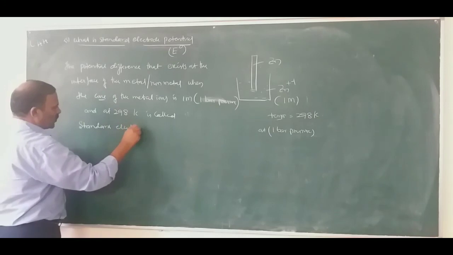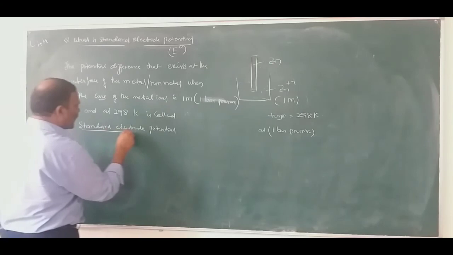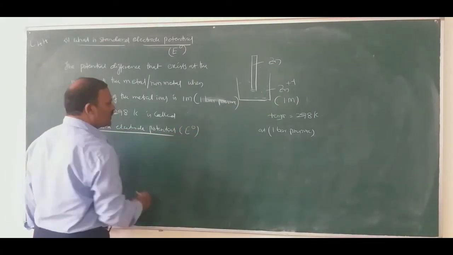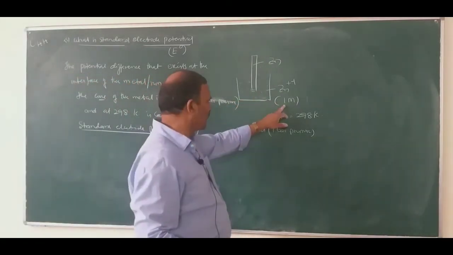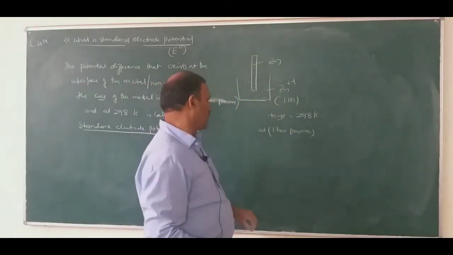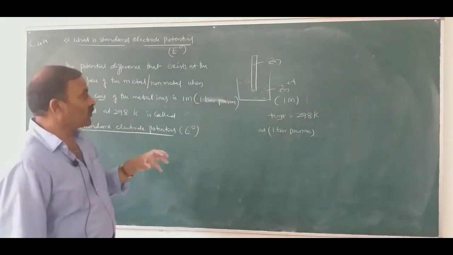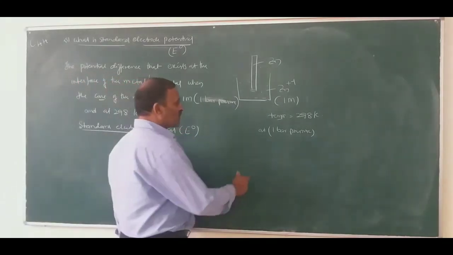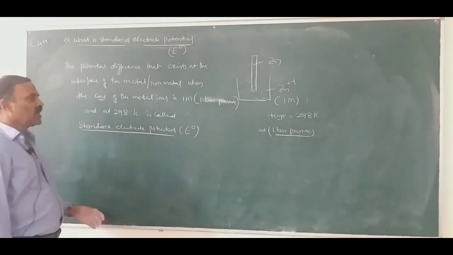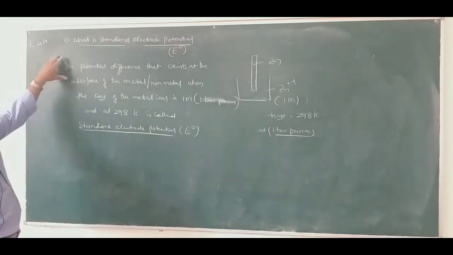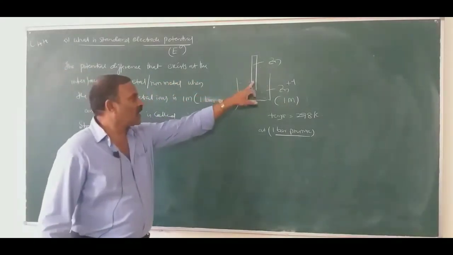So standard electrode potential is nothing but the electrode potential when the concentration of the metal ion is 1 molar and the temperature is 298 Kelvin. If a gas is involved in this electrode, we have to mention the pressure of the gas. The pressure of the gas must be 1 bar and the temperature must be 298 Kelvin.